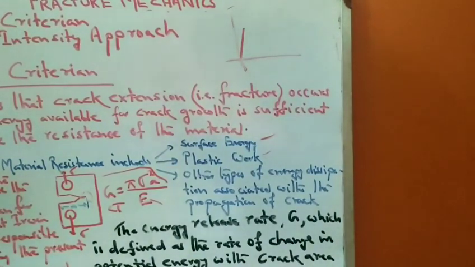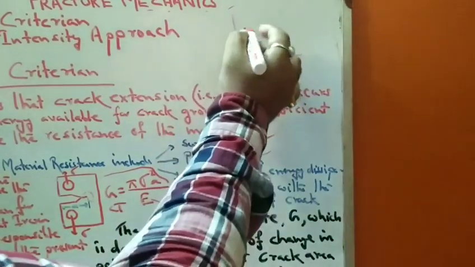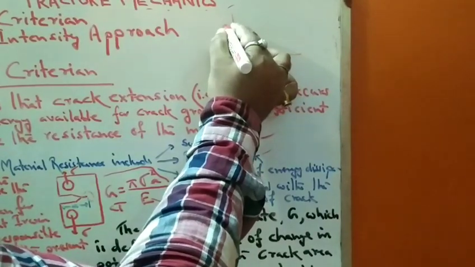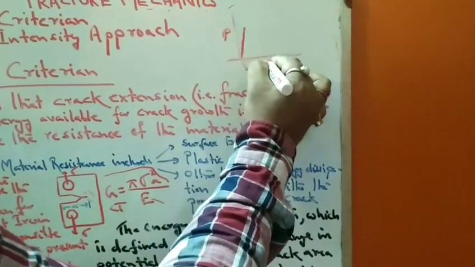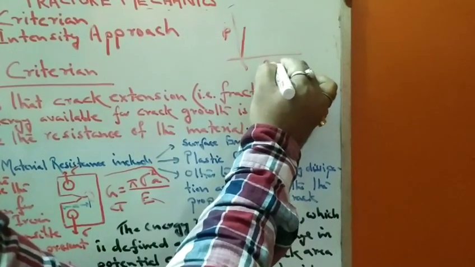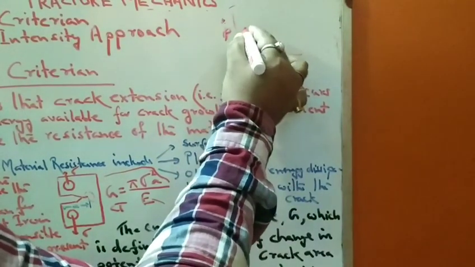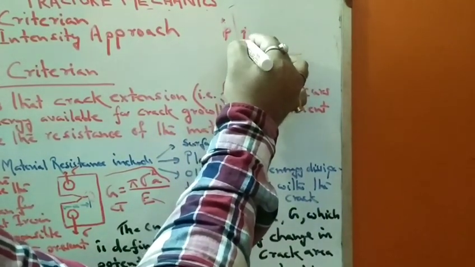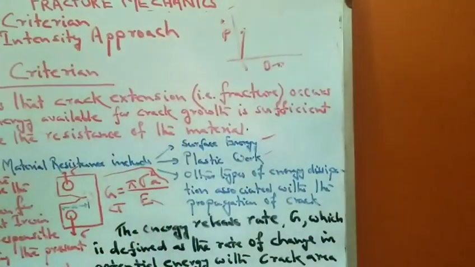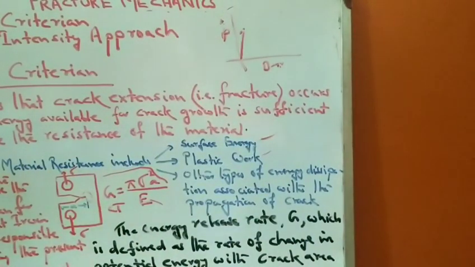As I have told before, whatever energy is pumped into the system, if you take out the force, that same energy will be liberated out. If you plot the load versus deformation diagram and give the load, this will take place. When you release the load, it will come back on the same line. So this is the demand for elasticity, and that is why it is called a linear elastic material.